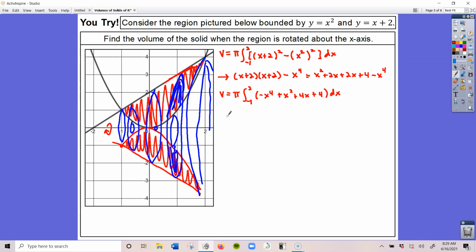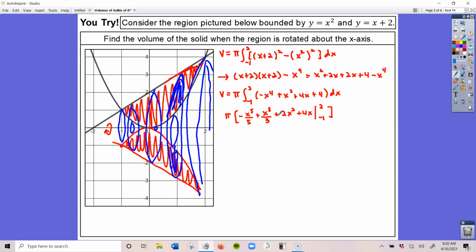So we have here the pi. This would be negative x to the 5th over 5 plus x to the 3rd over 3 plus 4x squared over 2, which is 2x squared, plus 4x, and I want to evaluate that from -1 to 2. So now we're going to plug in the 2.